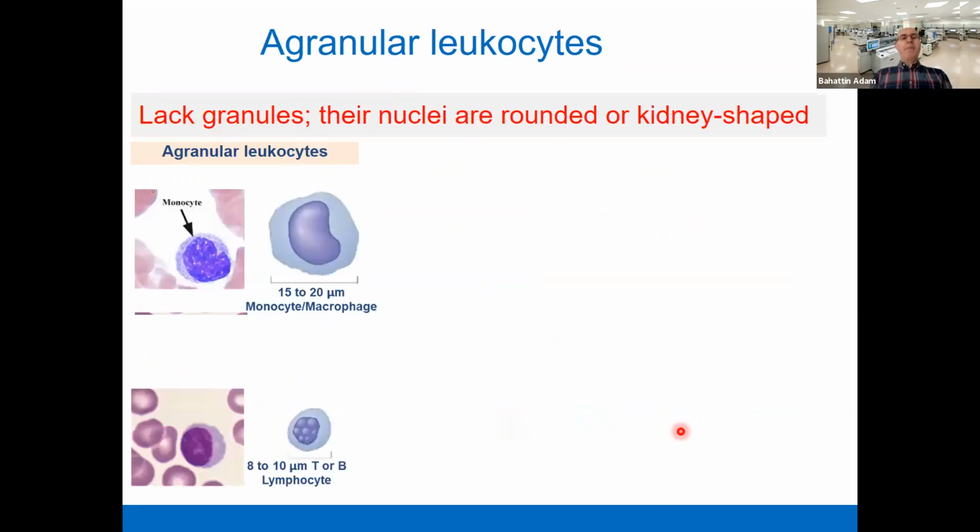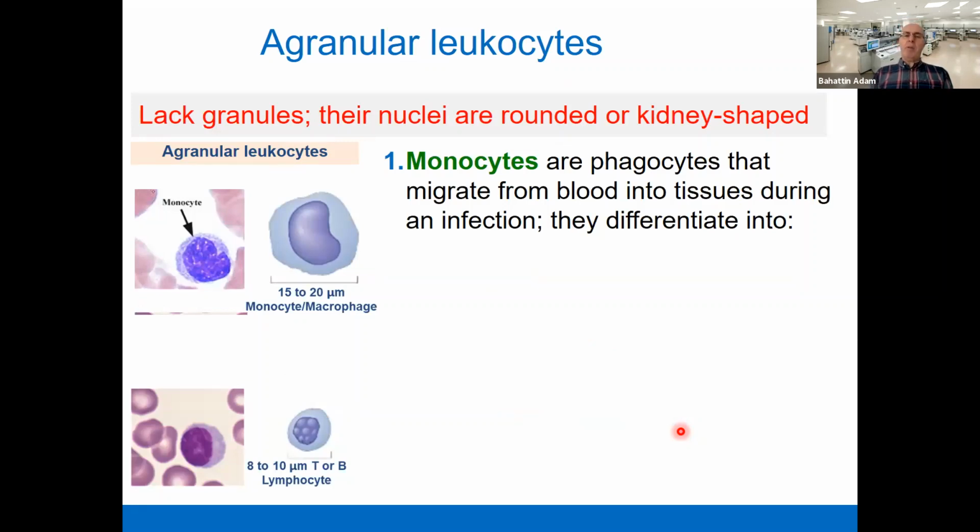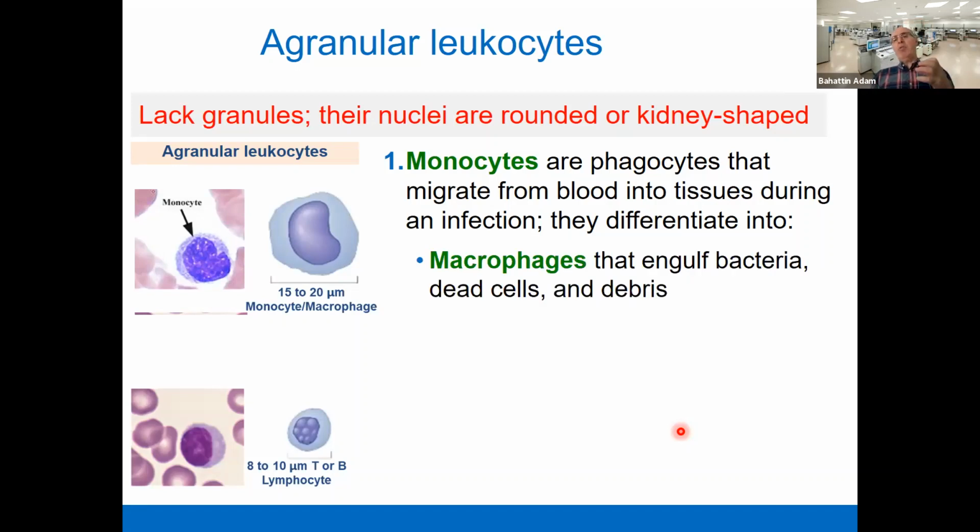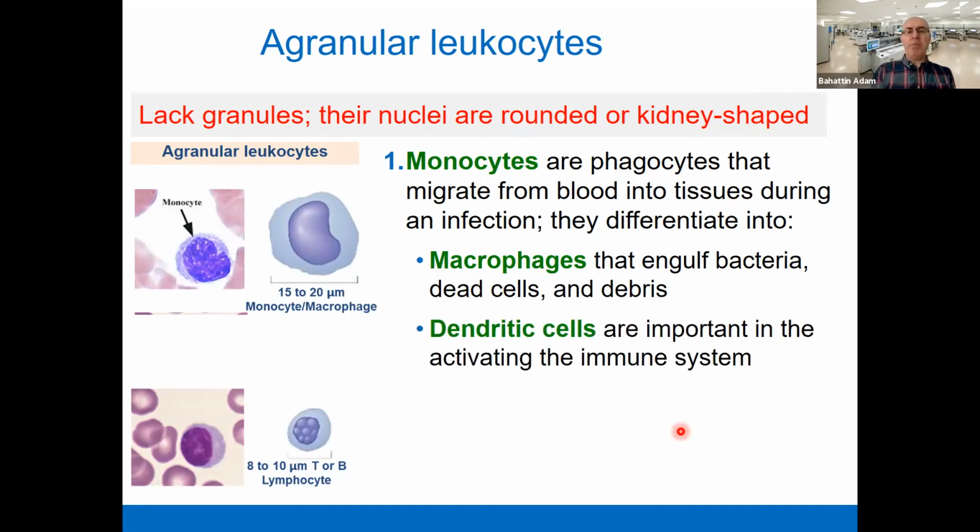Now, agranular leukocytes are either monocytes or lymphocytes. Monocytes are phagocytes that migrate from blood into the tissue during an infection. They differentiate into macrophages that engulf bacteria, dead cells, and debris, and then break these down via digestive enzymes.